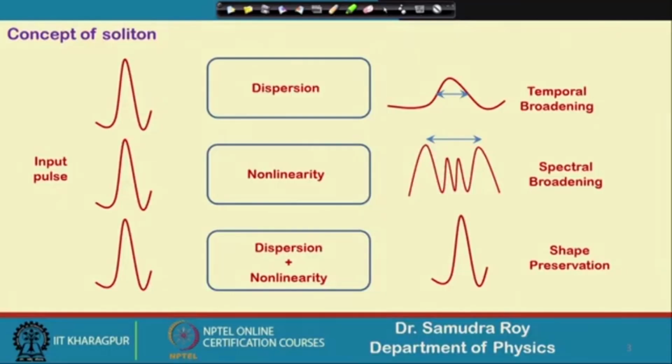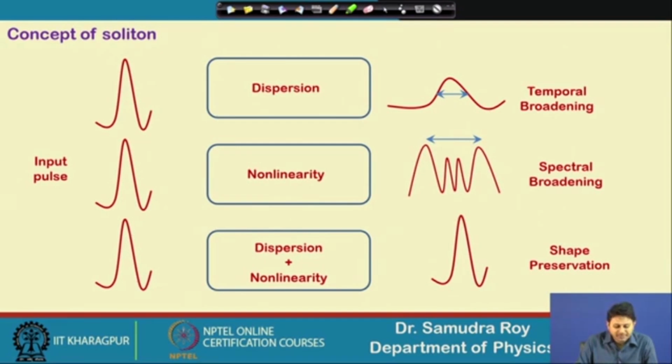The concept of soliton, this figure we have already shown to you in the previous class, where we find that when the pulse is propagating in a dispersive medium, there will be a temporal broadening. When the pulse is moving in a medium which is nonlinear in nature, there will be a spectral broadening.